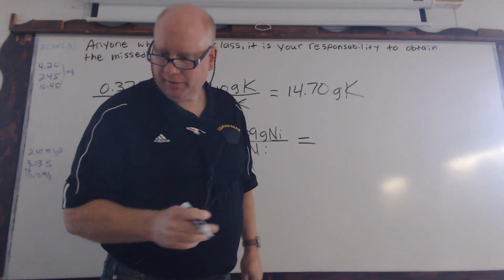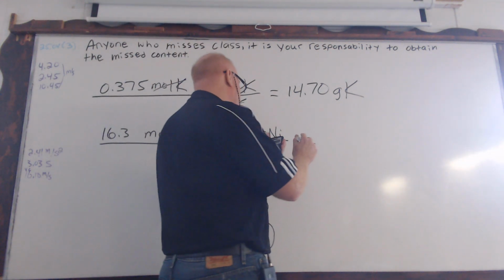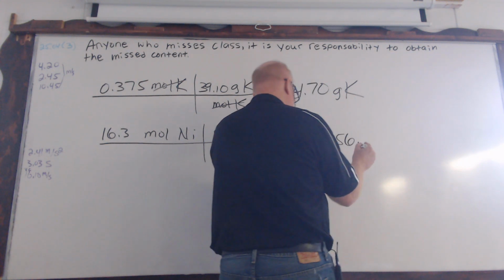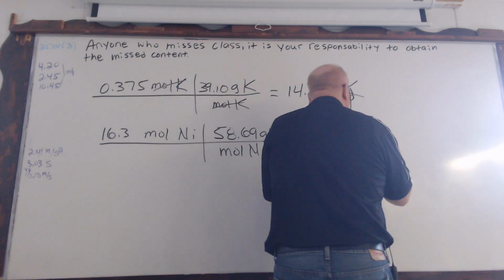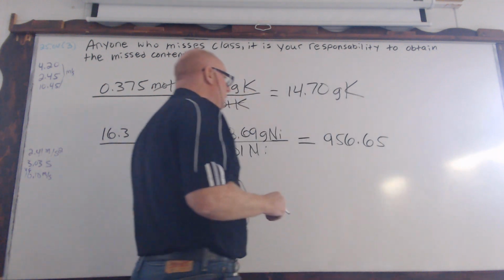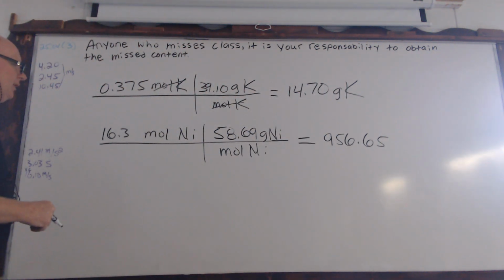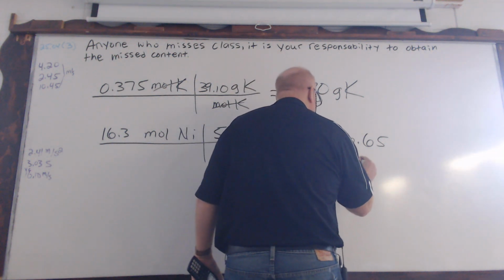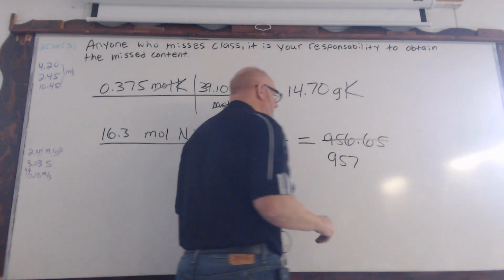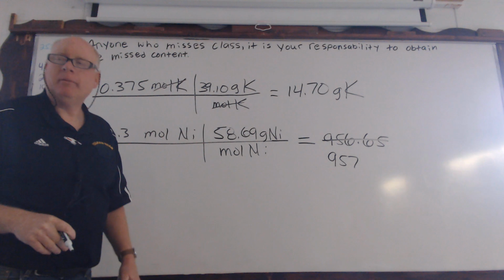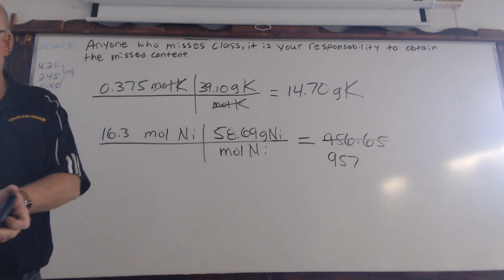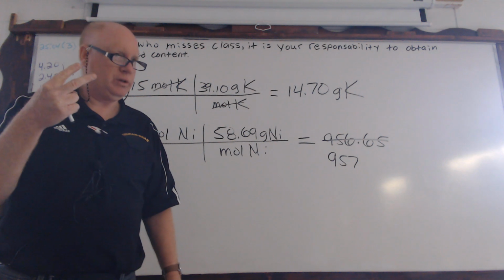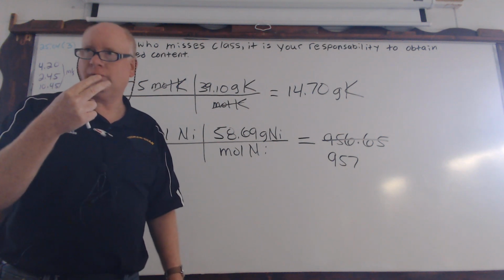What it comes out to be, like we said, was 956.65. But if we only want 3 significant figures, it would be 957. But for our purposes, we round to the nearest hundredth, which is 2 decimal places, and that's what we will do in this class.